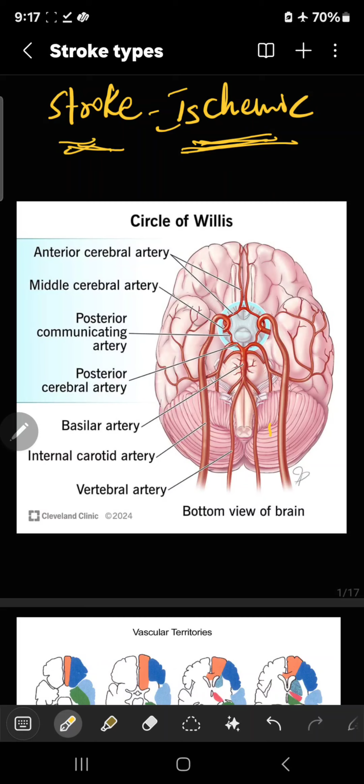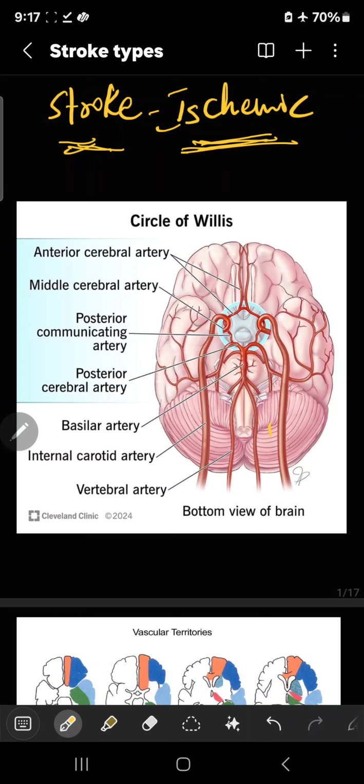Before understanding the stroke, we have to be familiar with the different names of the arteries and the regions of the brain. Here in this diagram you can see the anterior cerebral artery, middle cerebral artery, posterior cerebral artery, internal carotid artery and vertebral artery.